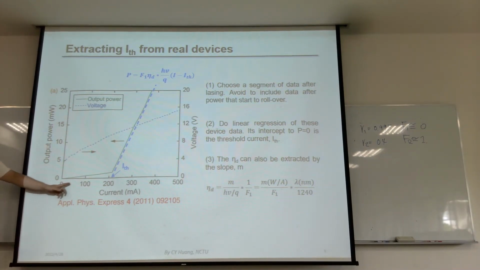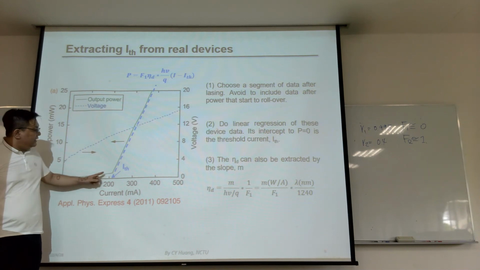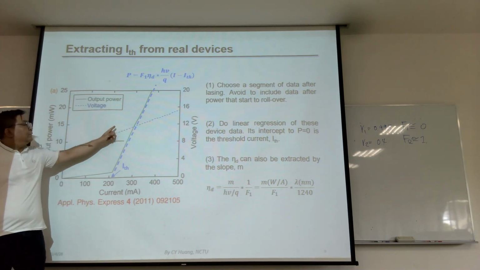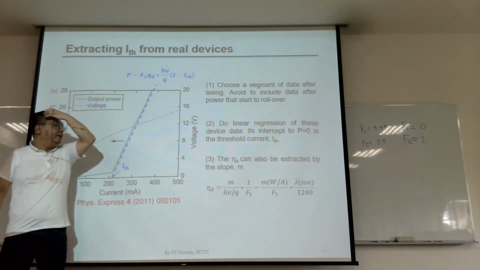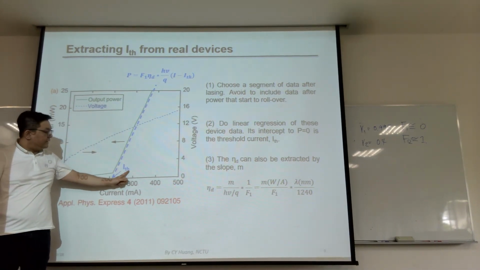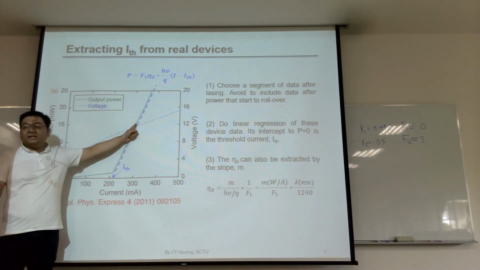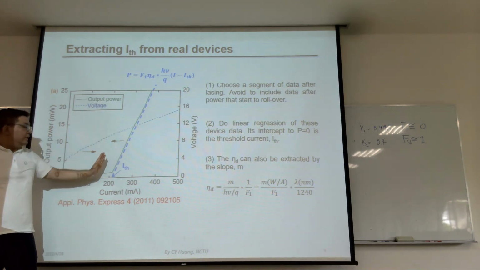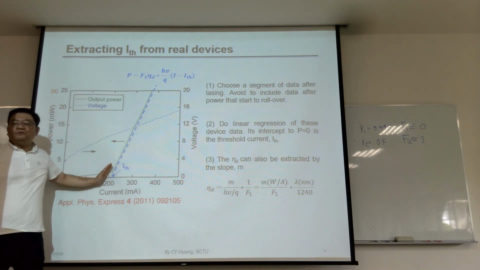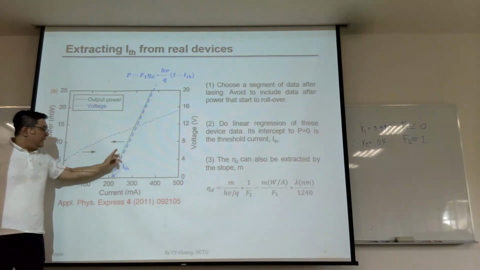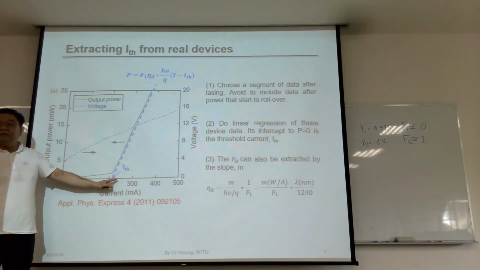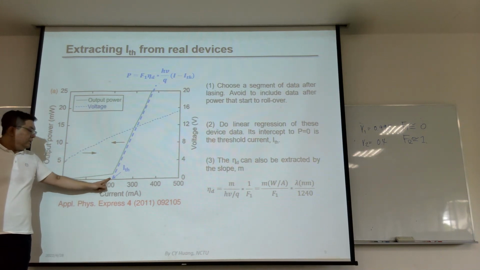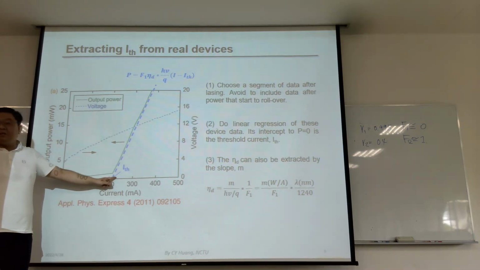The first thing you will find is that it will definitely have two slopes. You can find a small segment of the second slope and draw a straight line to fit that and see where it intersects the bottom axis. This will be your threshold current density.